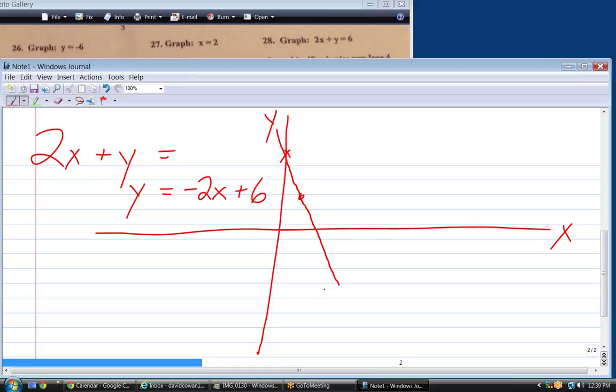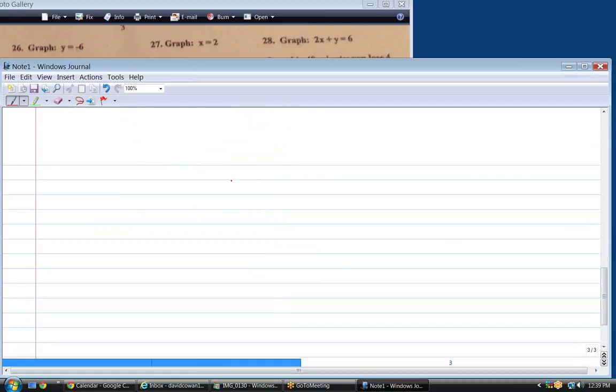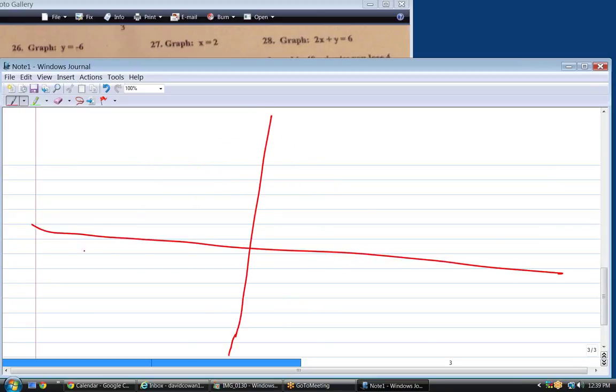Now, about these positive and negative slopes, I always get these wrong. Which way is positive and which way is negative? Because I know sometimes, even if the slope is going down, it can still be positive. What's that slope? Positive. What's that slope?